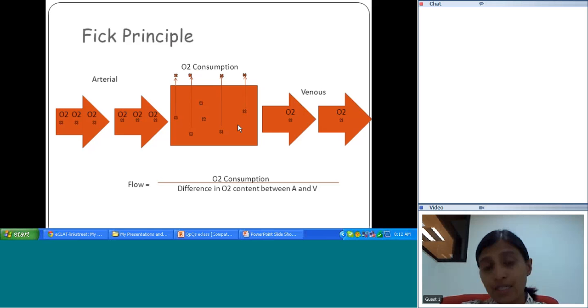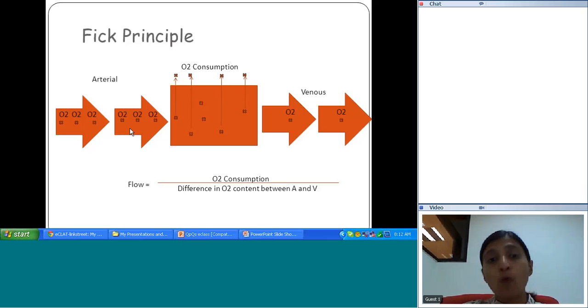So just spend a couple of minutes on this, understanding the concept. If you knew the concentration of oxygen on the arterial side and on the venous side, and you also knew how much oxygen is consumed by the body every minute, then you can figure out how much blood is actually flowing through the body per minute.